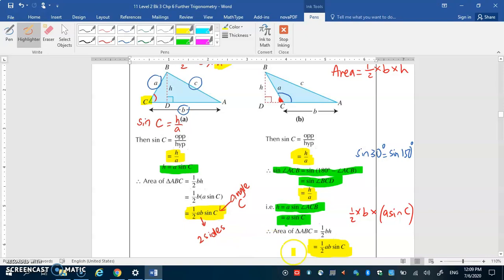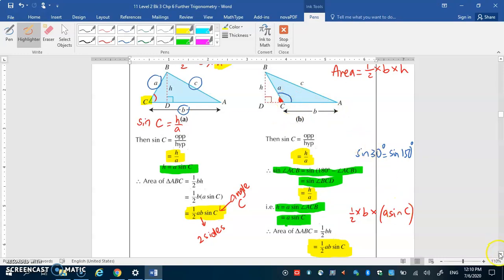These two are basically the same. But just observe that A and B are referring to the sides. A is here, B is here, and the capital C for sine C is referring to the angle between the two sides A and B. So half AB sine C will give you the area of the triangle.